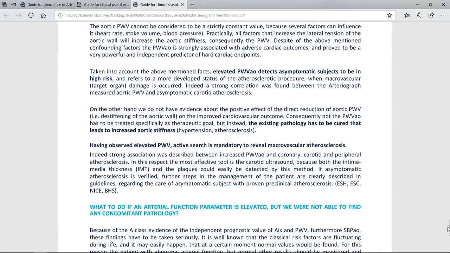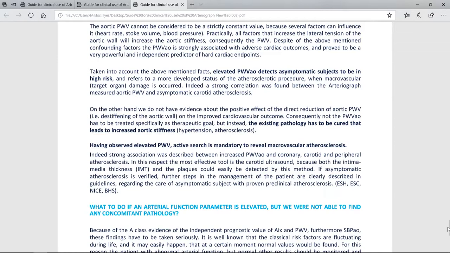Consequently, today the pulse velocity of the aorta is not the therapeutic goal to treat. Instead, we have to find the existing pathology that has to be cured and that would lead to increased aortic stiffness.